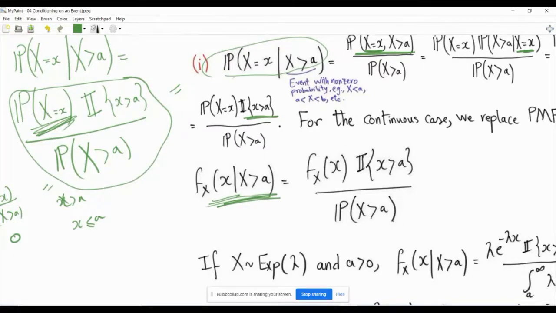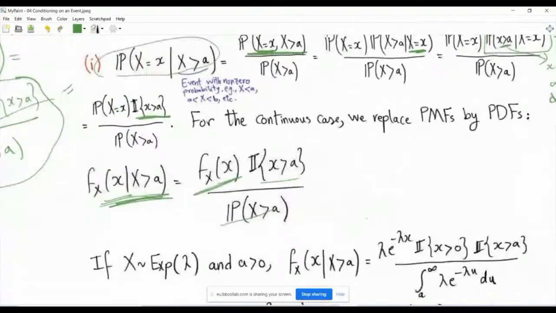But here we have a PMF, the probability that a discrete random variable is equal to small x, converted into a PDF. So this is the PDF of x evaluated at small x. Everything else is intact: the indicator, and big X greater than a. So basically, do discrete random variables, and replace PMFs by PDFs whenever needed. Okay, that's the shortcut, if you want to avoid getting the CDF first and then having to differentiate.